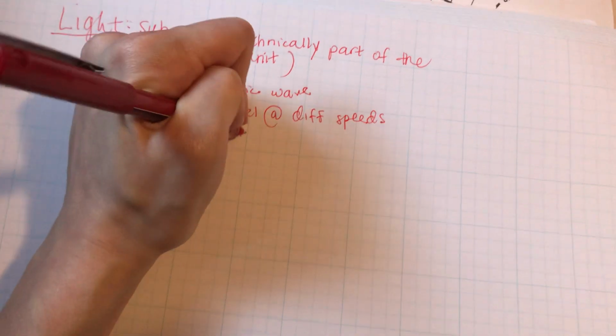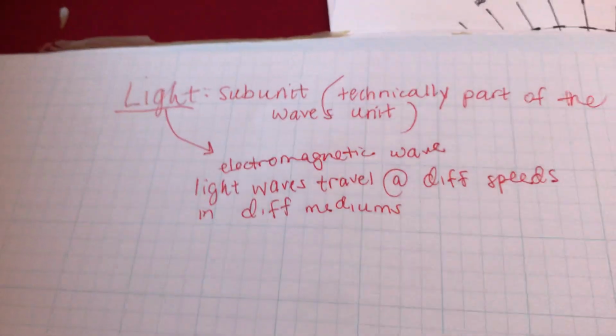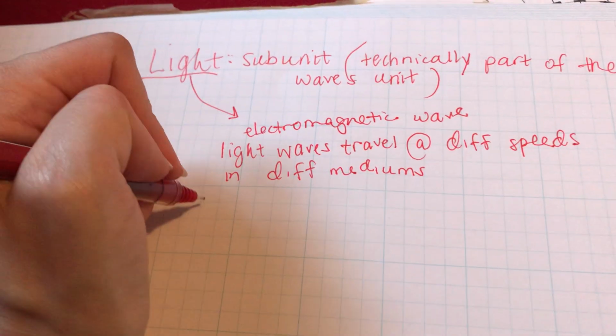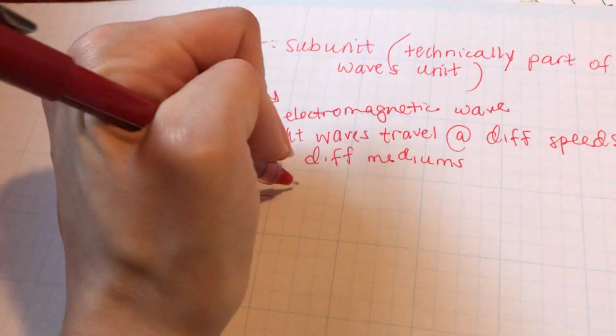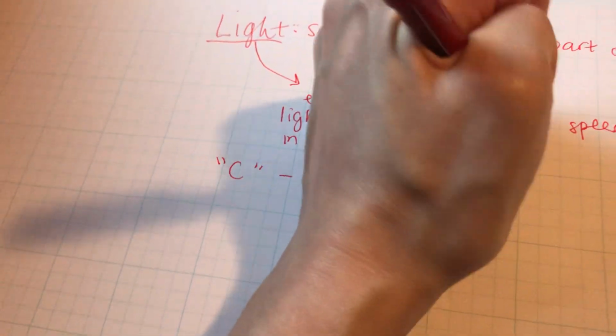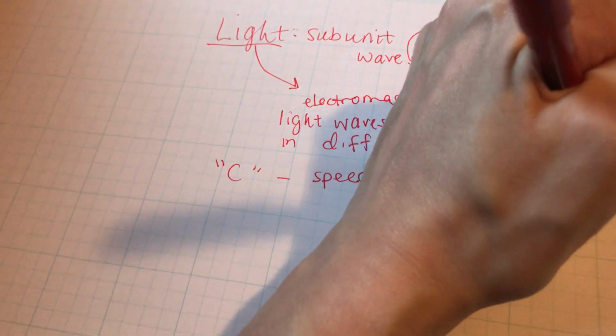And the speed limit of the universe is represented by variable c, which is the speed of light in a vacuum, which we've already addressed in the earlier portion of the unit.